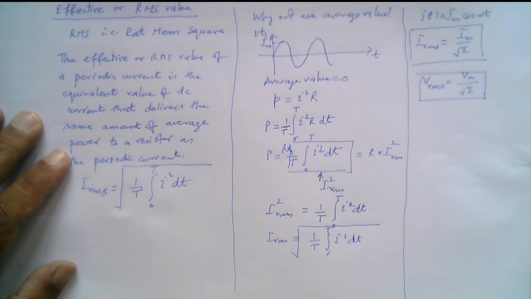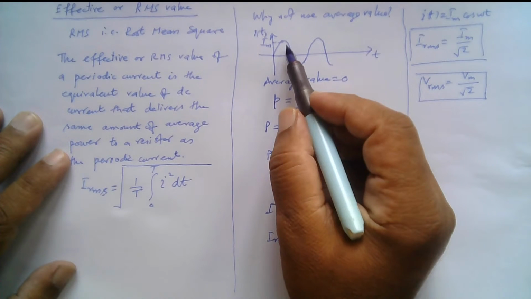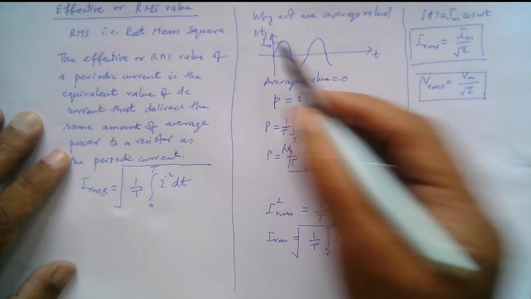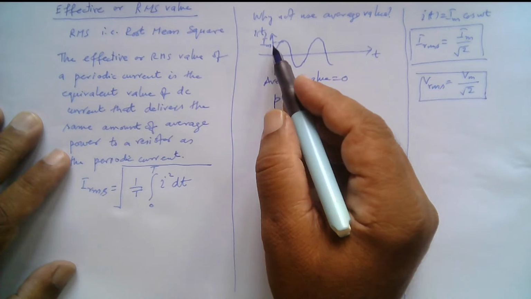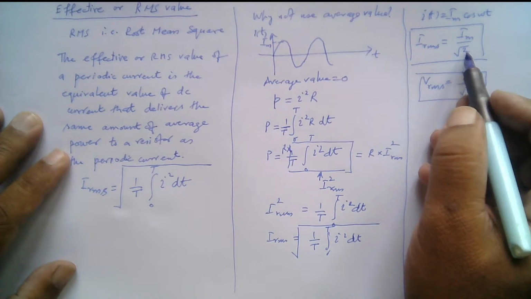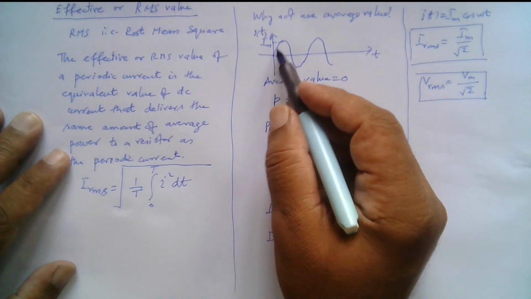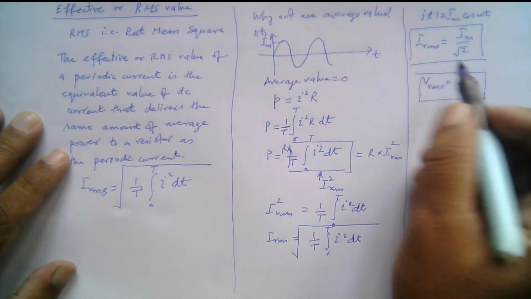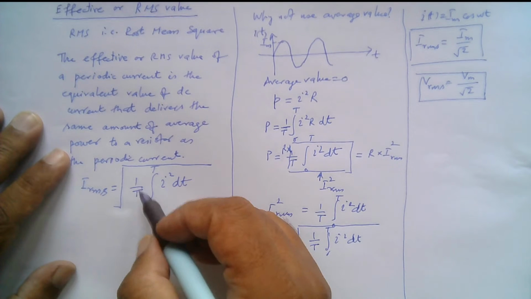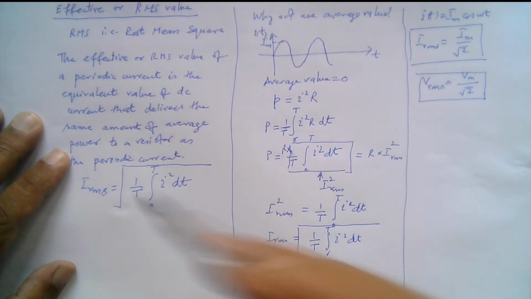For example, if this sinusoidal signal has a peak value of 16, then its RMS value will be 16 divided by square root of 2. But if this is another shape, not sinusoidal, then it is not 16 over root 2. Then you need to find the effective value using this formula here.